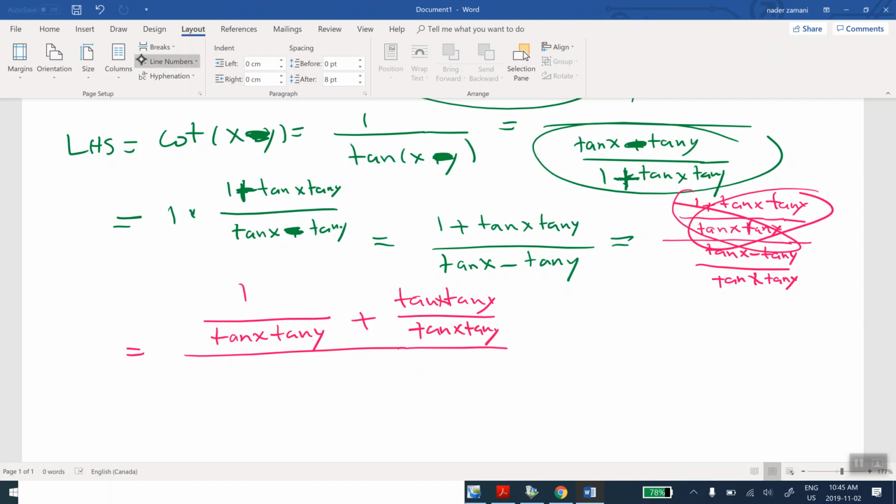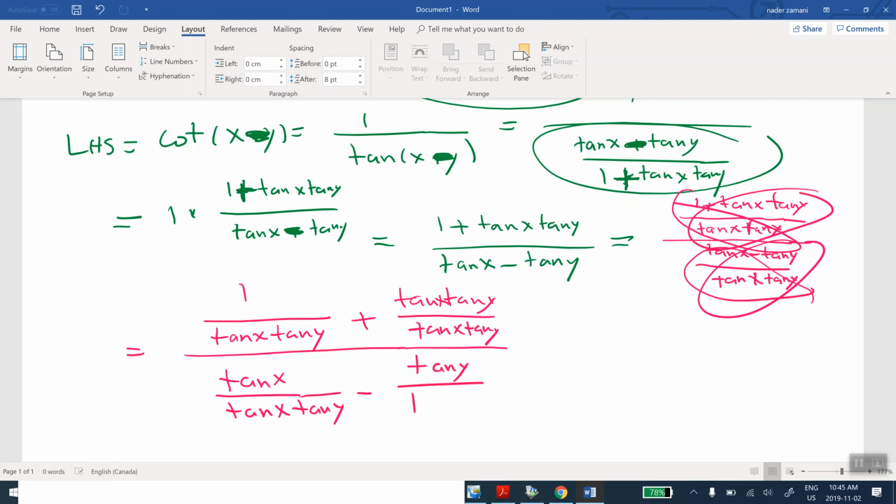And in the denominator also I do the same thing. I do this minus that. So tan x over tan x tan y minus tan y over tan x tan y. And the final step is the cleanup.